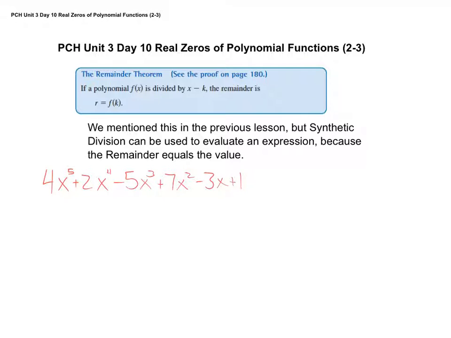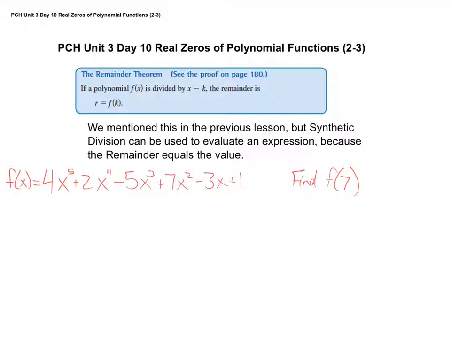Let's say we wanted to find f of, what do you want to find f of? 7. Alright, cool. Because I really don't feel like doing 7 to the 5th power. So you put the 7 in the box and then the coefficients.